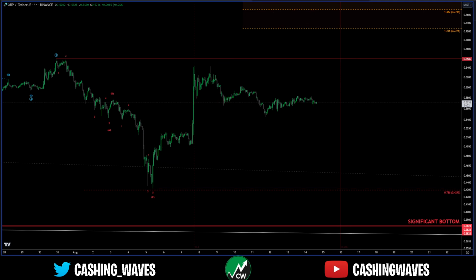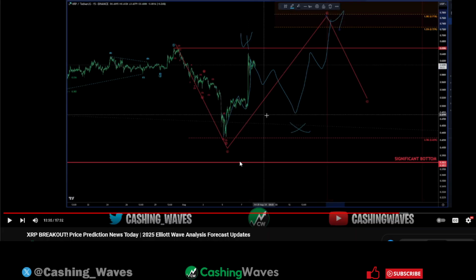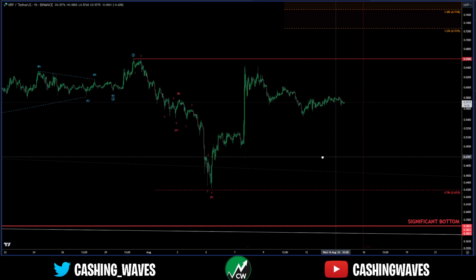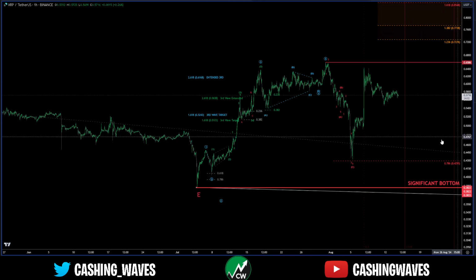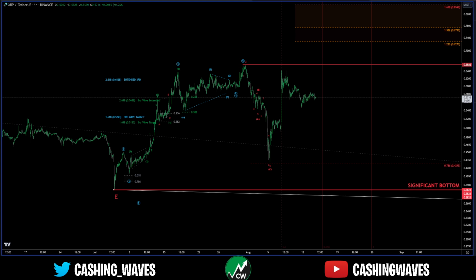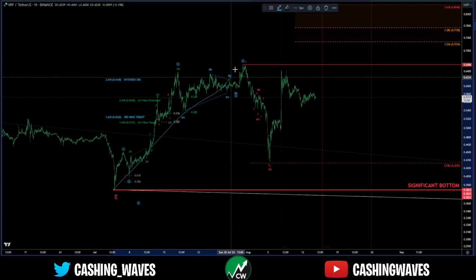Now I suggested in the last video that if we don't make that impulse, we're more likely to make a WXY as a combination pattern and making a larger flat. This was my alternative count. Reason I suggested that was the time passed of this 5-wave move.